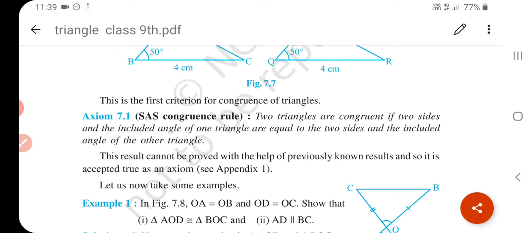But in this rule you have to know that the ASS or SSA rule does not hold.